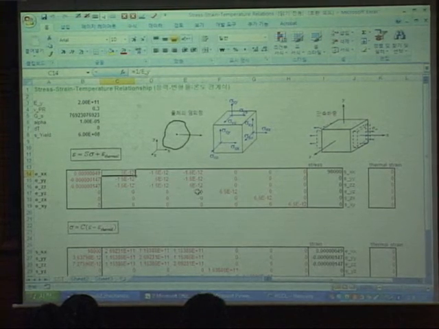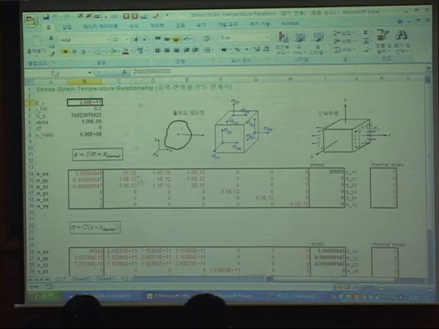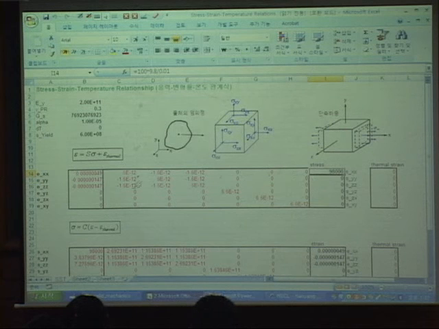And this is how you make this stiffness, and whenever you change the material properties, this stiffness matrix will change. And this is the stress. Any stress you apply here, you will have strain.